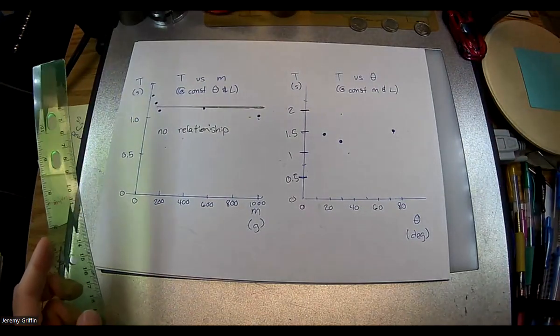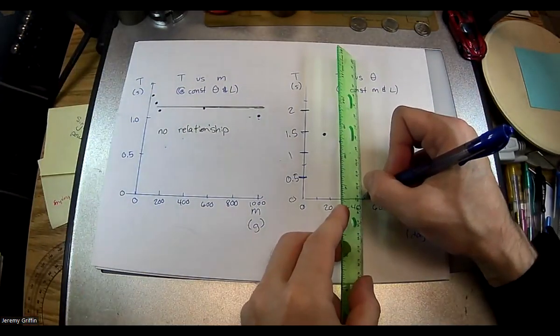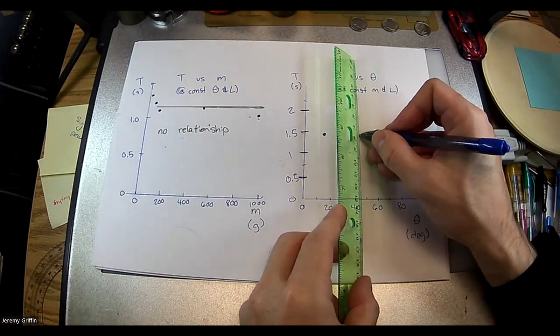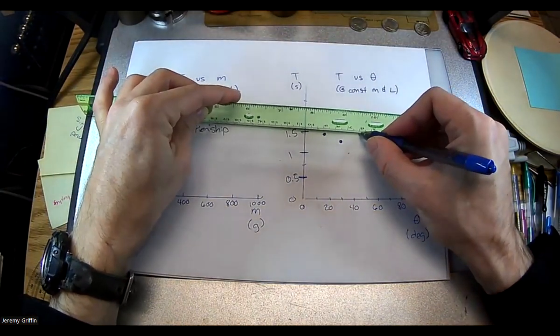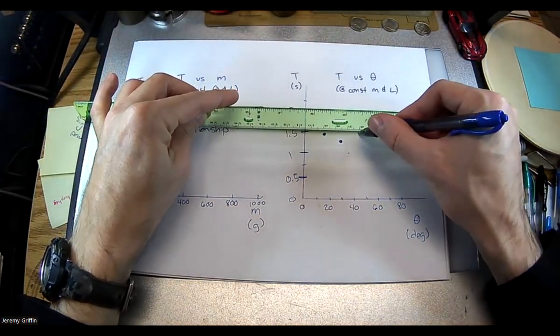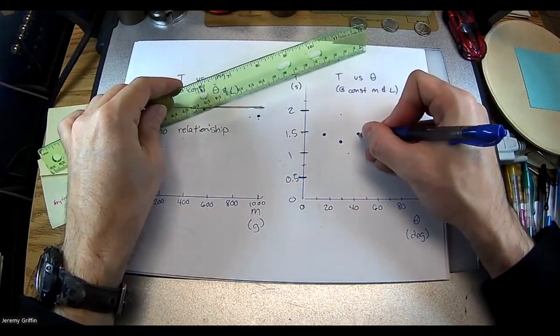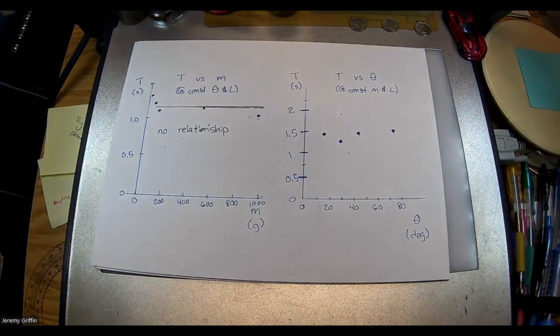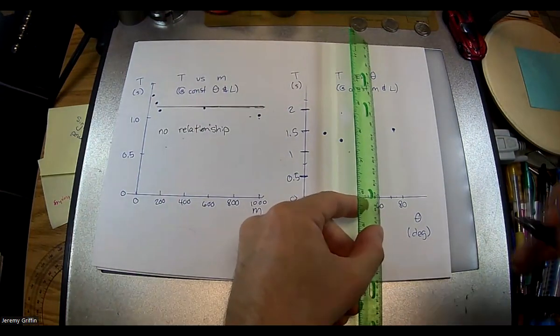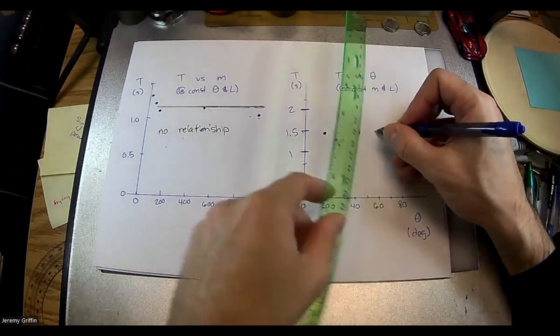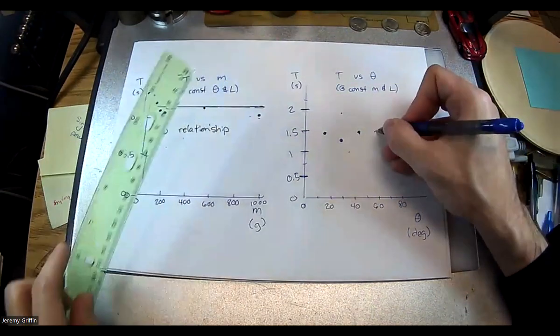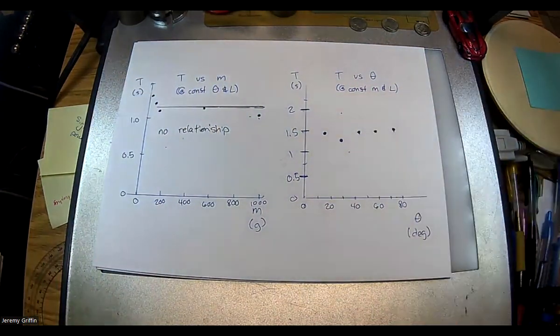We have 45 degrees and 1.52 seconds. Yep. And lastly, we have 60 degrees and 1.53 seconds. All right, got that.